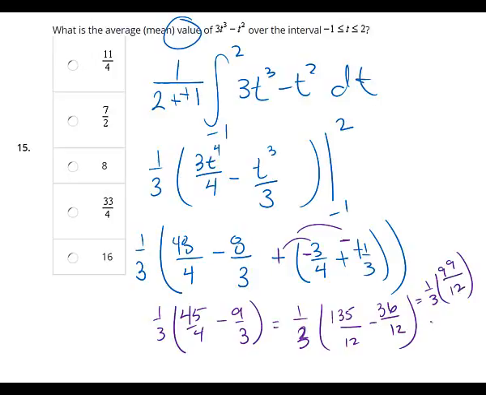Everybody okay with the 99? 3 goes into 99 how many times? 33. 3 goes into 33, 11, and 3 goes into 12, 4. Equivalent fractions.